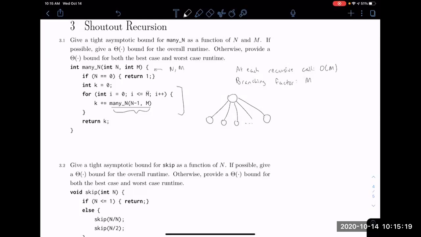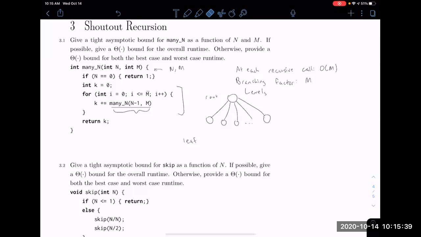And then the final step is to look at how many levels there are in this tree from root to leaf, right? So let's look at n. N is important here. We have n equals 0 as the terminating condition. And at each recursive call, we decrement n by 1.